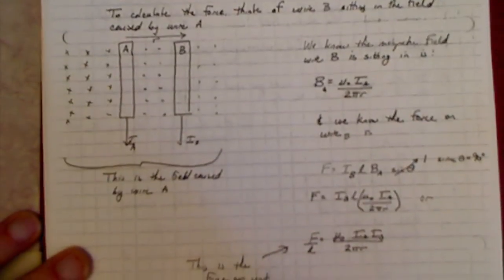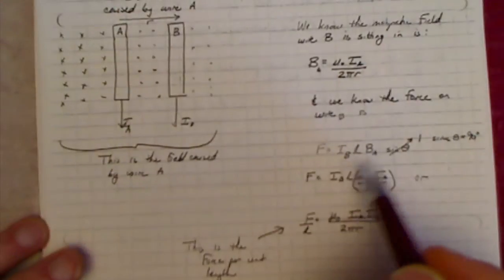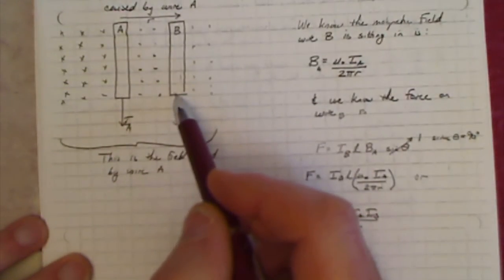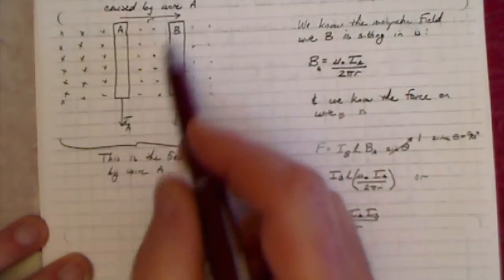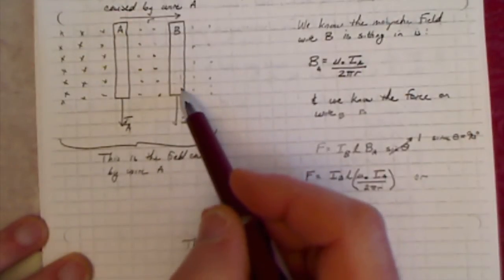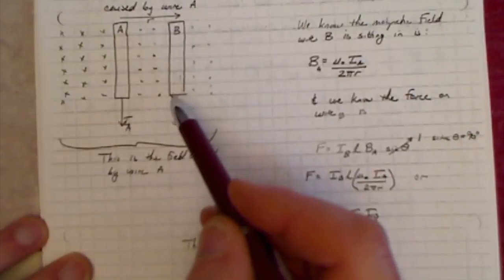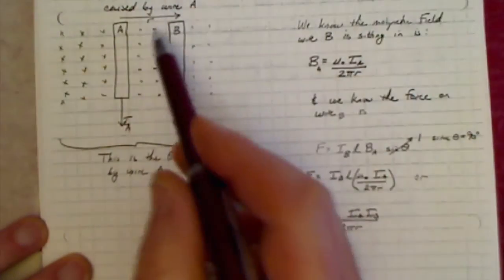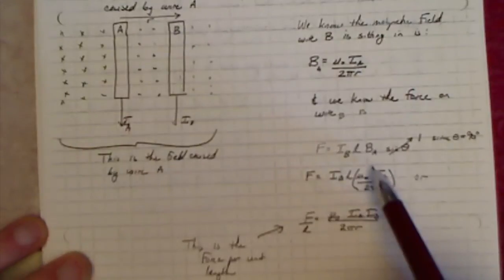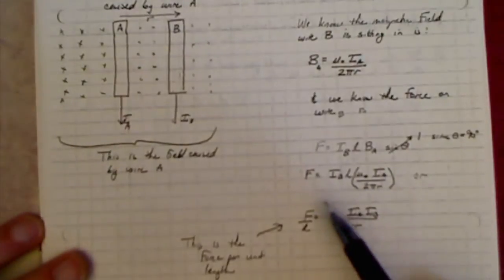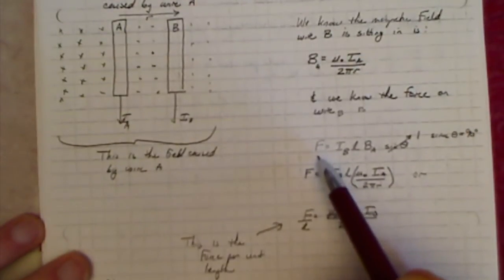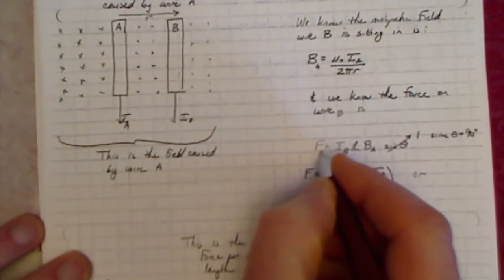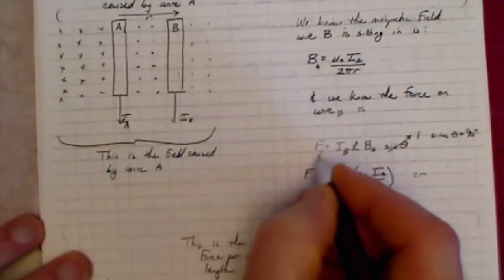Now, we also happen to know that it's pretty simple to find what the force on wire B is if we know how strong the external magnetic field is that B is resting in, the length of B, and the current going through B. So this would be the force acting on wire B. It's going to be the same either way because of action-reaction.